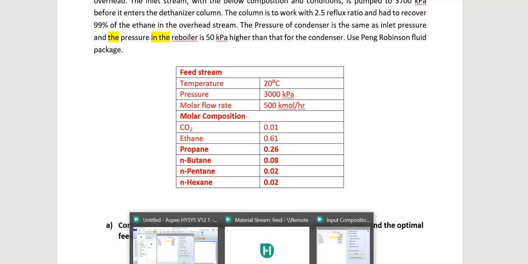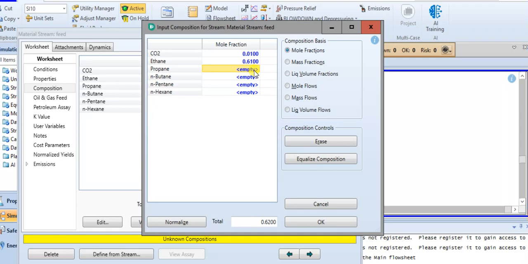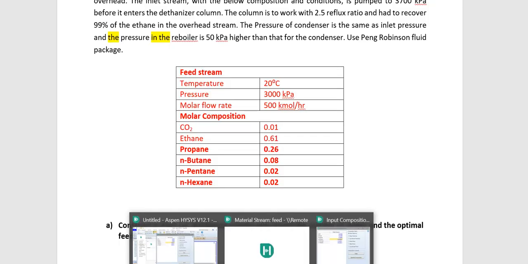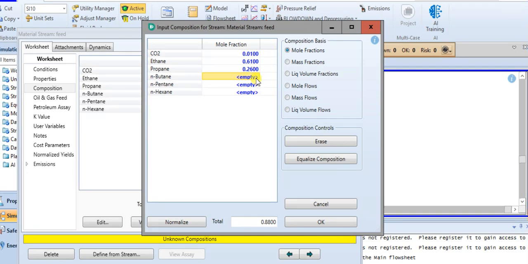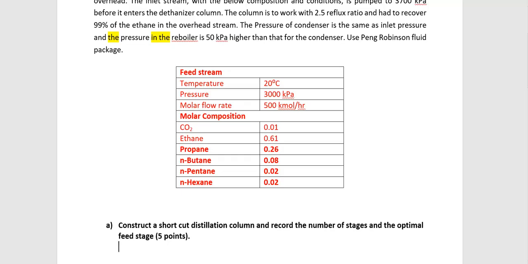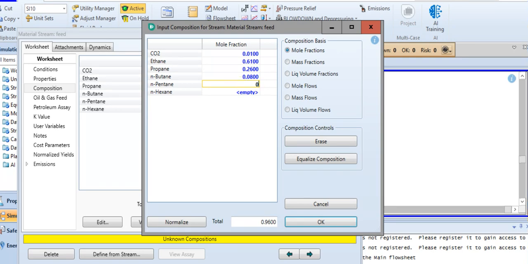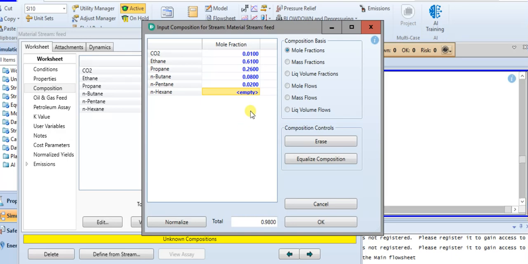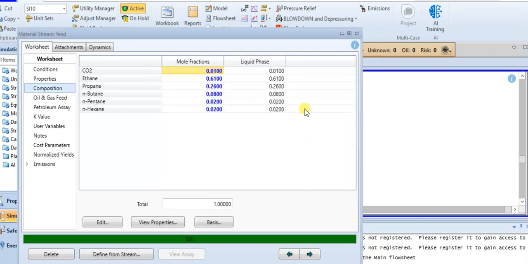Propane is 0.26, and so on. Okay, so the feed is ready.